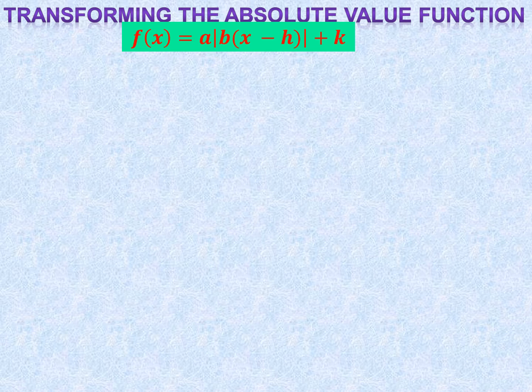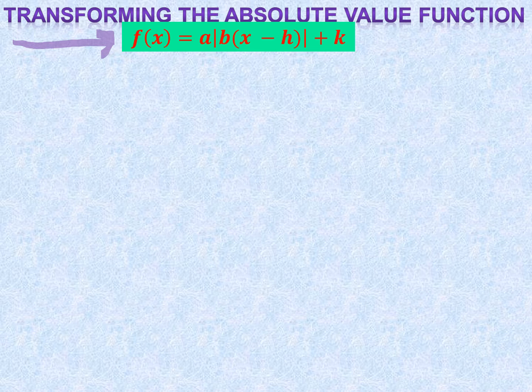Now let's focus on transforming the absolute value function. Everything we're going to talk about on this slide is related to the form of the equation that allows us to transform the absolute value function. The first thing we want to talk about is defining the vertex.